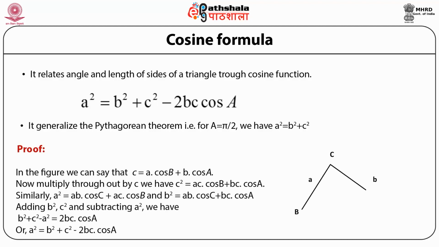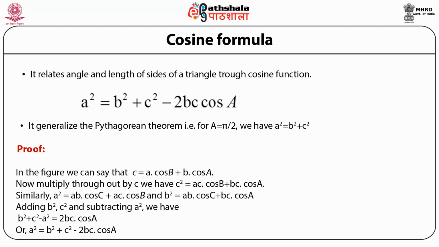In the figure, we can actually see or derive c is equal to small a times cos B, B being the angle, plus small b times cos A, A being the angle. Now multiply throughout by c, then we'll have c squared is equal to ac times cos B plus bc times cos A.